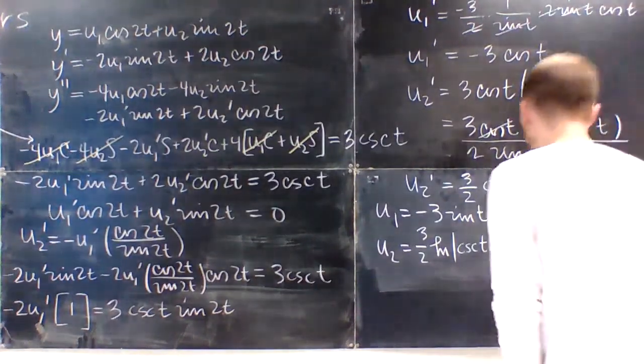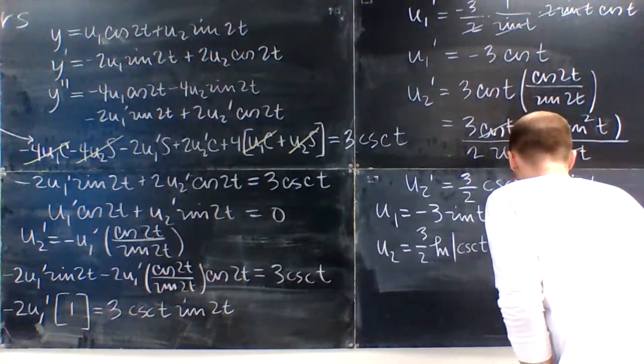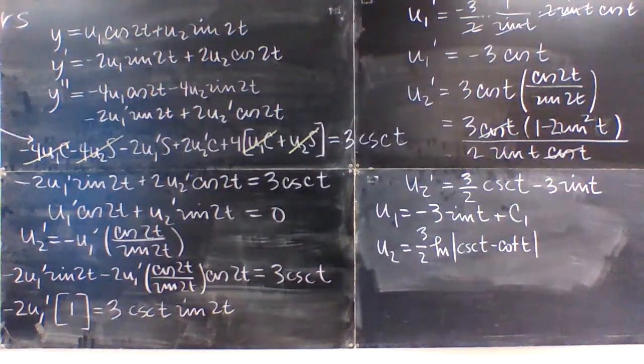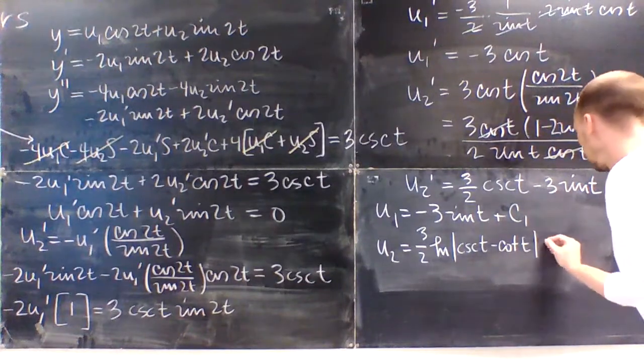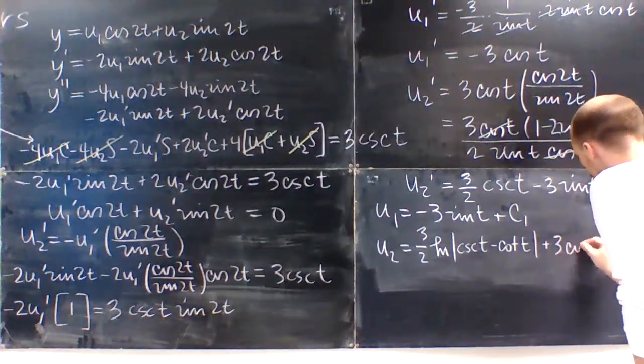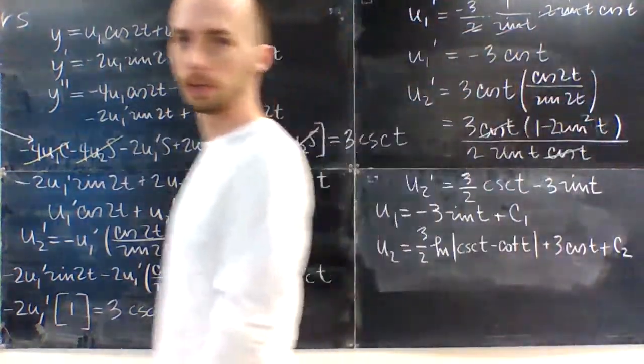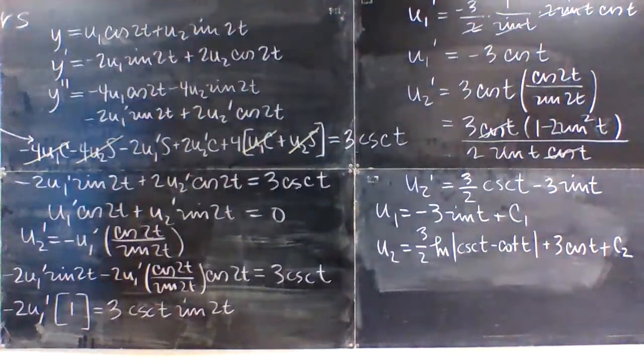Yes, minus cotangent t. And then there's this -3 sine t, so it'd be plus 3 cosine t plus c2. Yeah, you can see that. All right, and I've got myself u1 and u2.